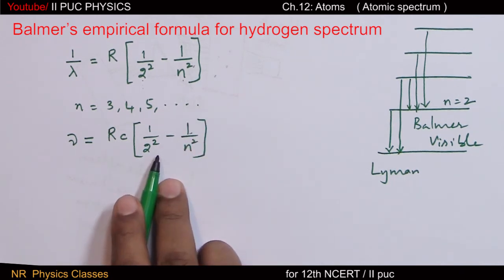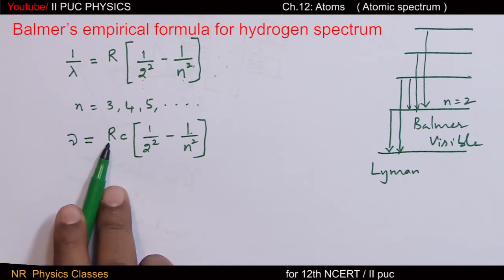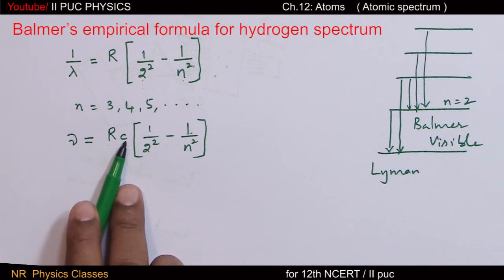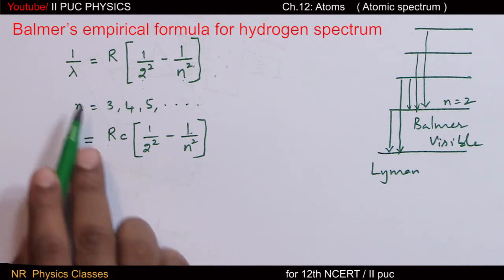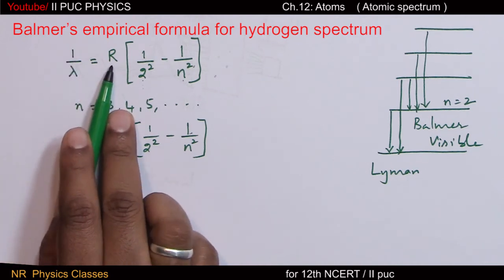Only this formula is required for 1 mark. If frequency appears, it is RC, Rydberg's constant, into speed of light. If it is only wave number, it is 1 by lambda equal to R.